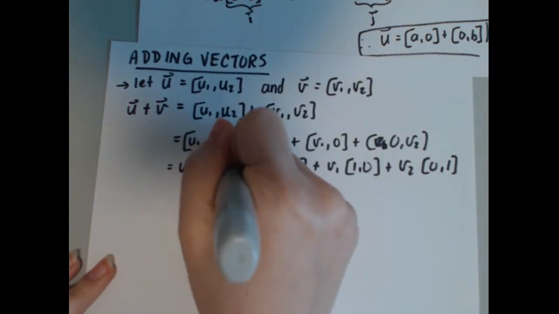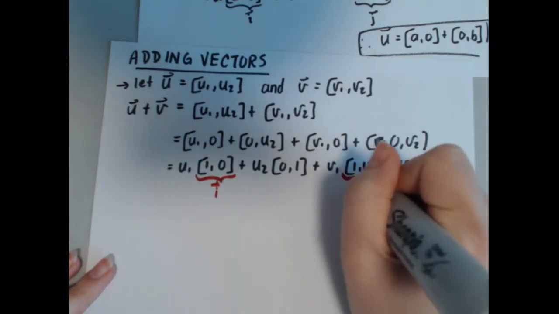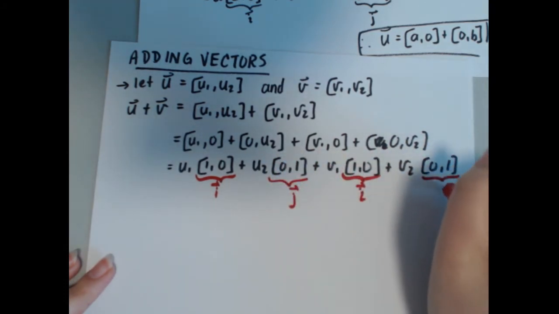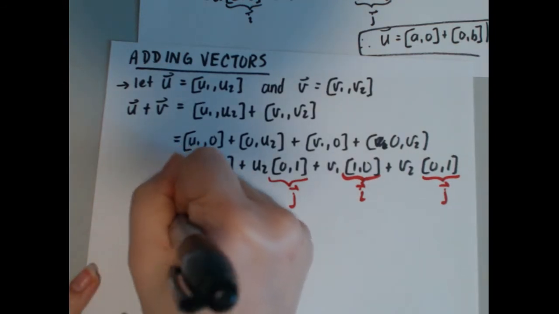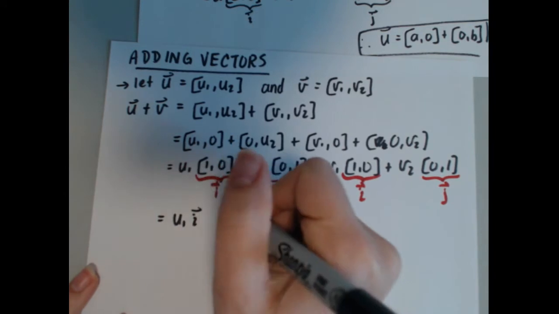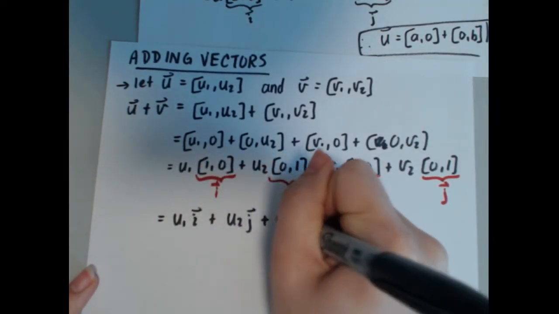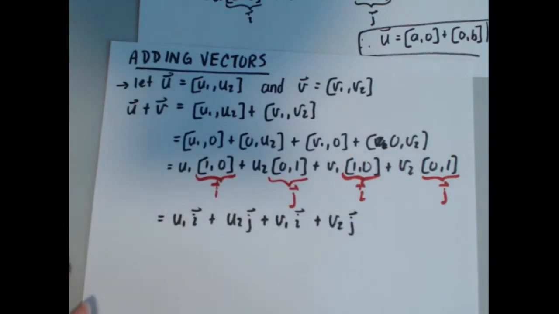So 1, 0, that's i. Here's 1, 0 again, that's i. I have 0, 1, that's j, and I have again 0, 1, that's j. Okay, so I'm going to go ahead and replace that. So u1 times i plus u2 times j plus v1 times i plus v2 times j.